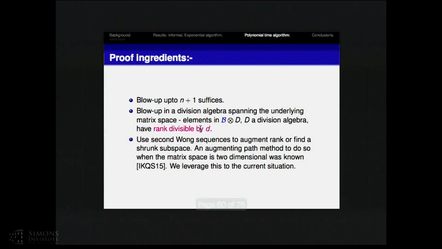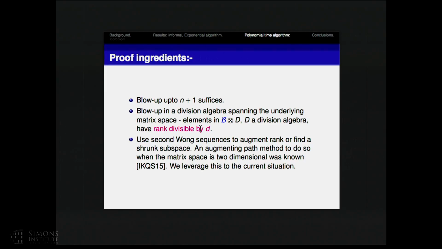The proof ingredients are that actually you don't have to blow up too much. Blow up of up to n plus 1 suffices. That is the crucial point, and that is some argument that we missed. It's a rather straightforward argument actually. And the other thing is, for constructivizing it, we need to construct a division algebra D inside our matrix space, an extension of the base field.